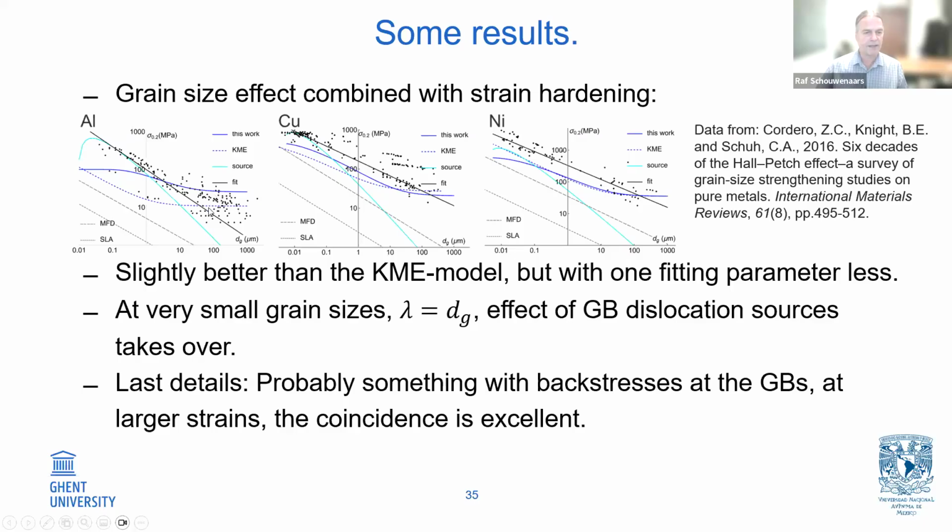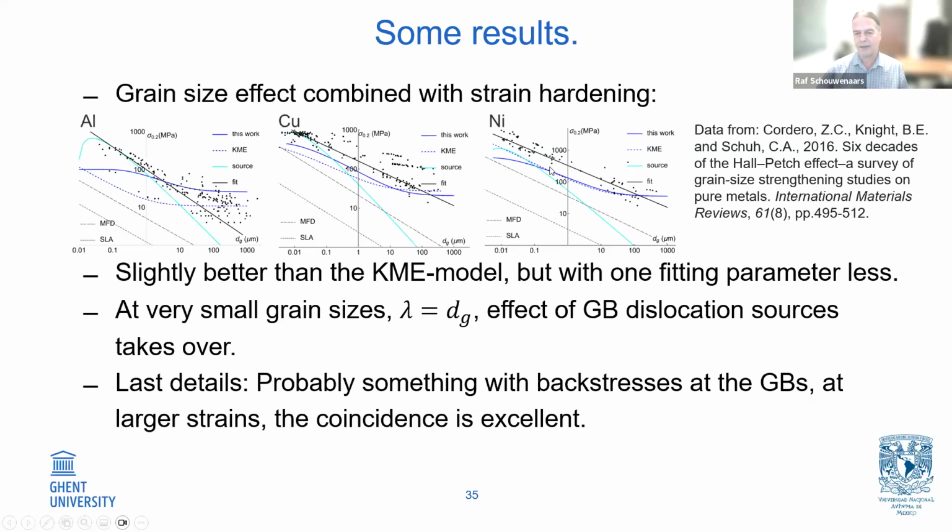So they both underestimate slightly the effect. We also see that the new model flattens out at very low grain sizes. But at that point, the nucleation model for grain boundary sources takes over nicely. And here in aluminium, we're good down to 10 nanometer. In copper, we're a little below.